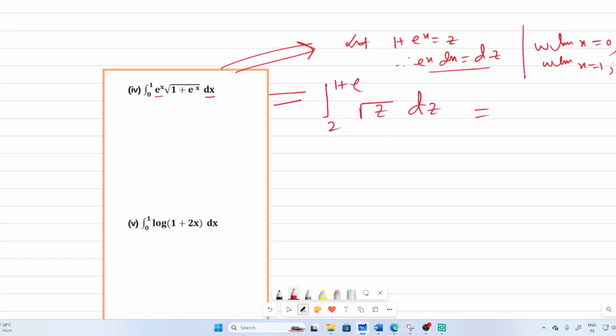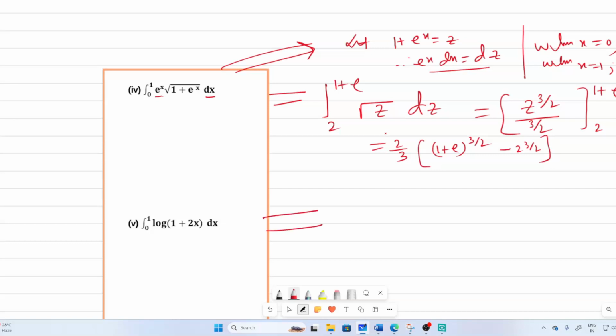So this is nothing but z to the power 3 by 2 by 3 by 2, 2 to 1 plus e, which is 2 by 3, put the upper limit first, (1 plus e) to the power 3 by 2 minus 2 to the power 3 by 2. No need to simplify, keep your answer in this form only.